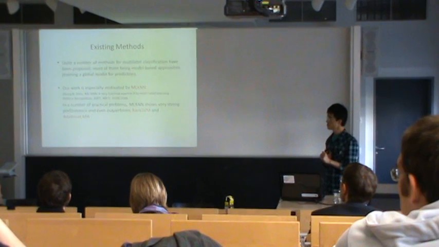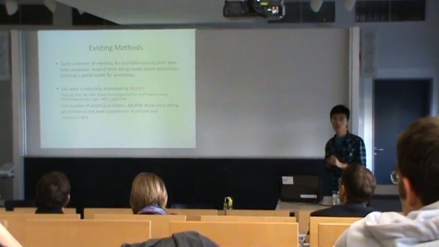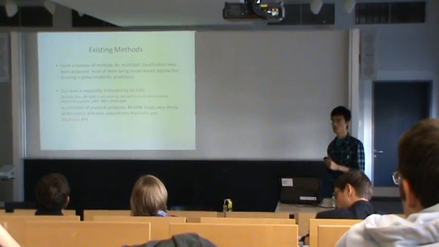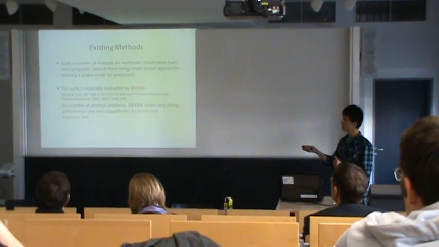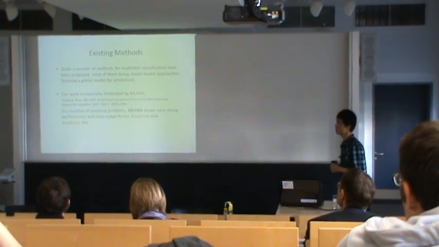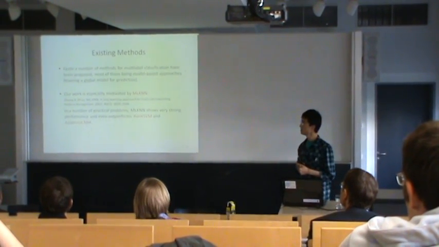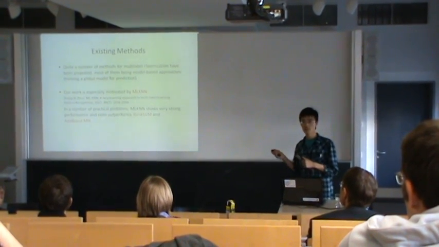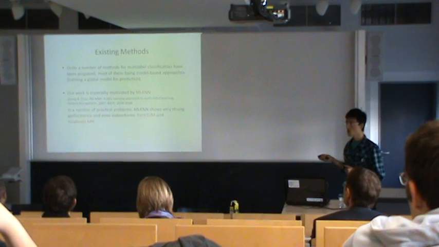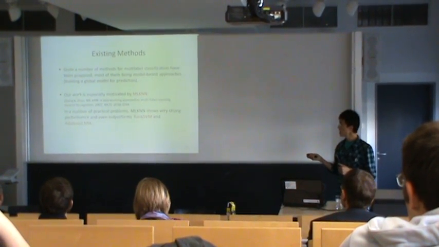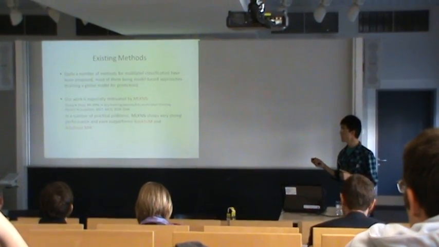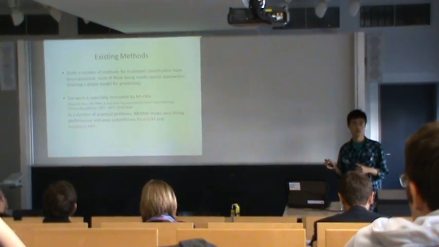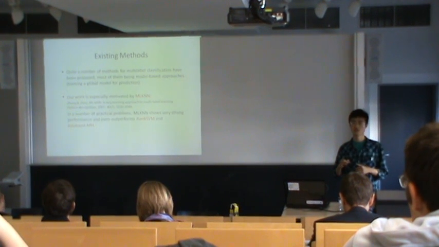One exception is maybe the MLKNN approach. MLKNN is an instance-based approach for multilabel classification, first proposed by Zhang and Zhou in 2007. This instance-based approach has shown very, very strong performance, compared with state-of-the-art model-based approaches, outperforming them on a lot of data sets.